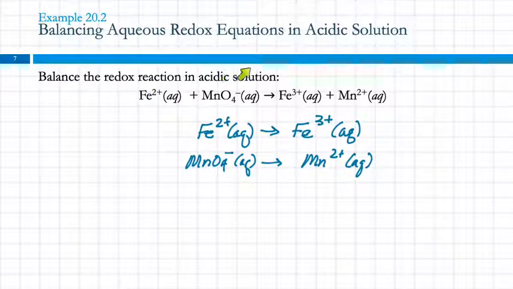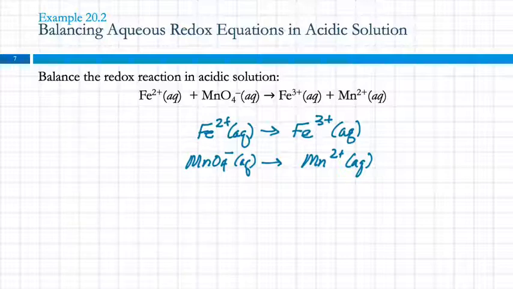The Fe2+ became the Fe3+, right? So I'm putting those together. And the MnO4- became the Mn2+. Those are similar. There's no way I can take iron 2 and make it turn into manganese 2. That just can't happen.